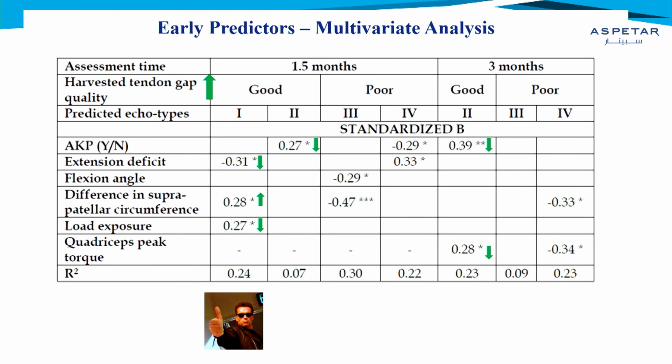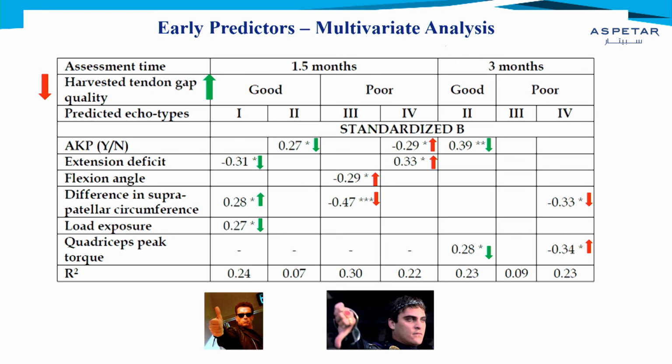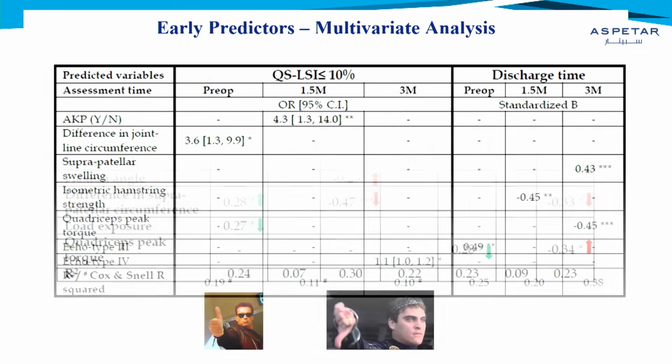At the same time, you had increased poor gap quality: presence of anterior knee pain, presence of extension deficit, increased flexion angle, decreased swelling, and increased peak torque. So strengthening there was giving an opposite goal from what I thought or wished.